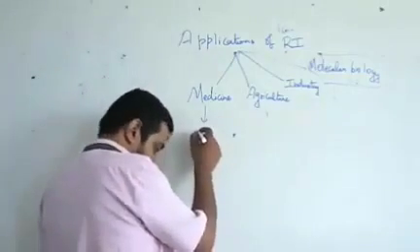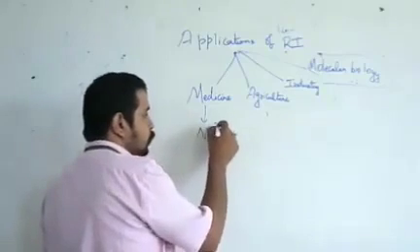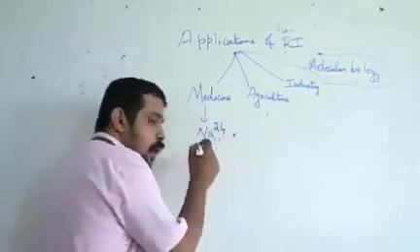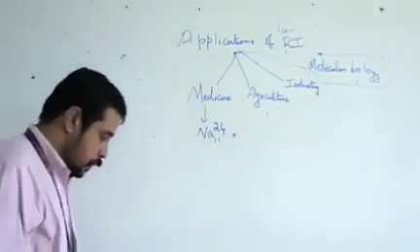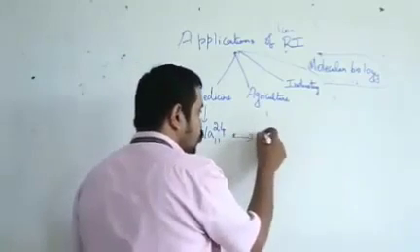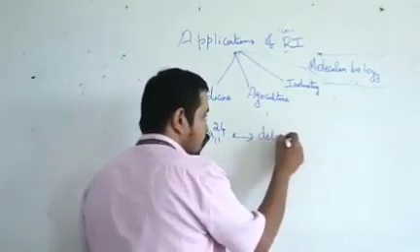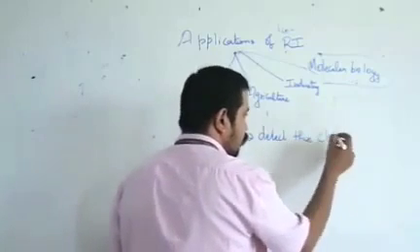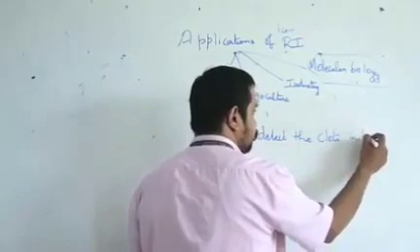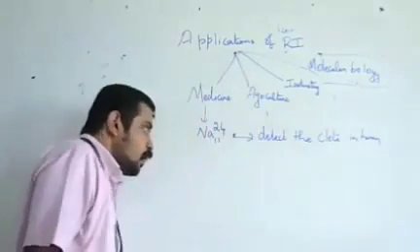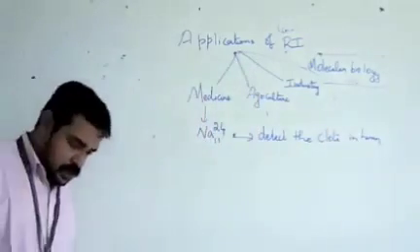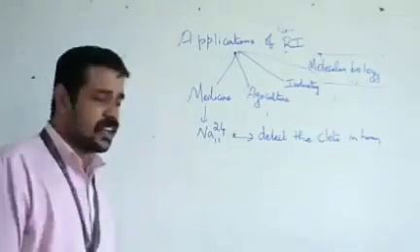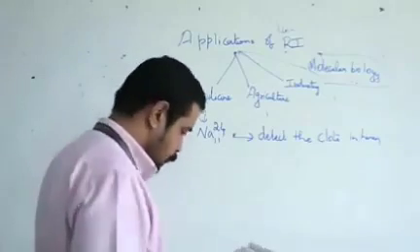The radioactive sodium with mass number of 24 and atomic number of 11 is used to detect the clots in the human body. So the radioactive sodium is the one which is used to detect the clots in the human body.